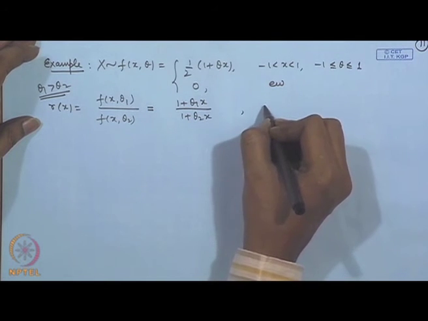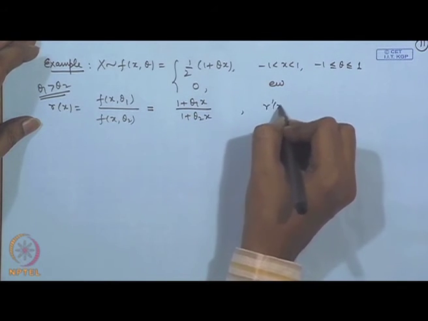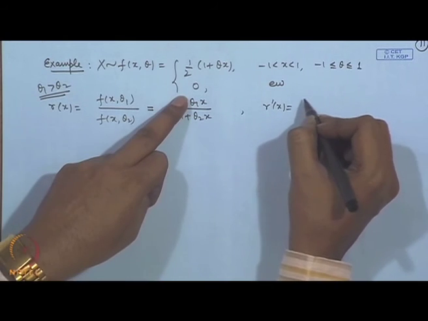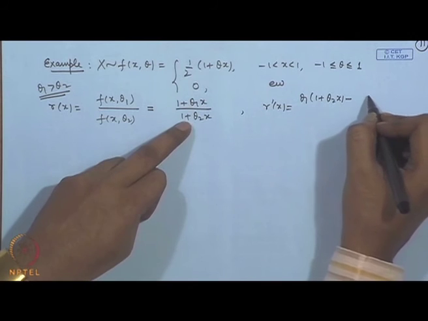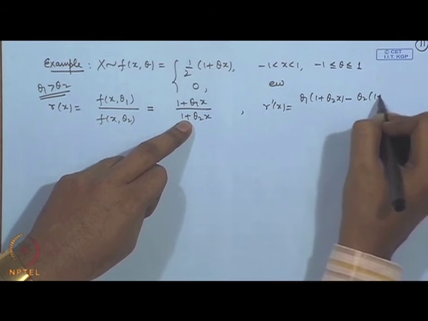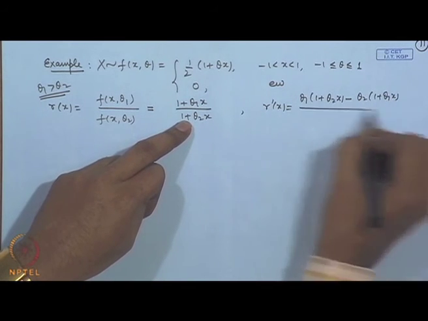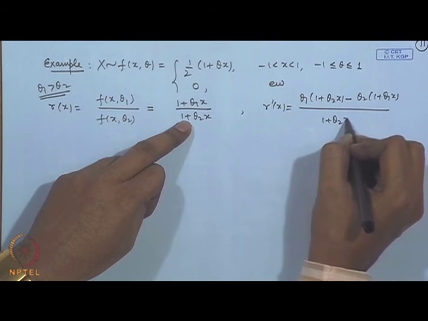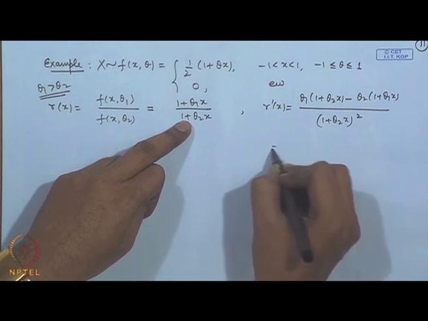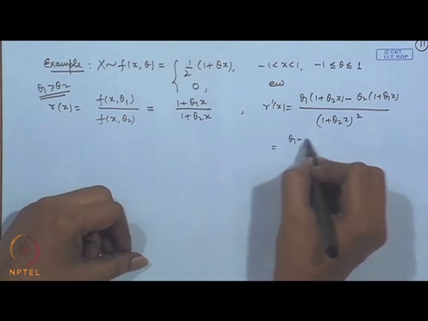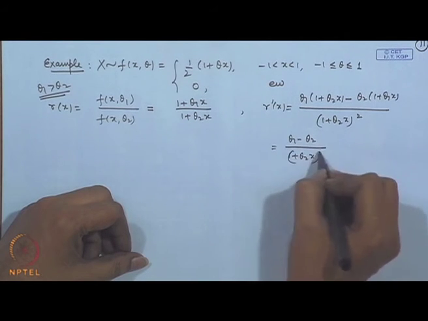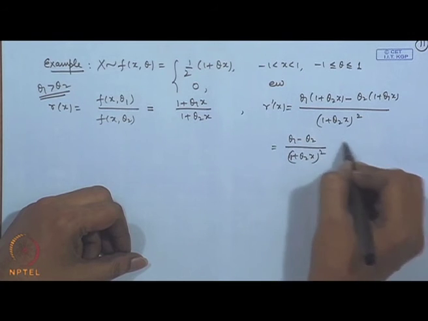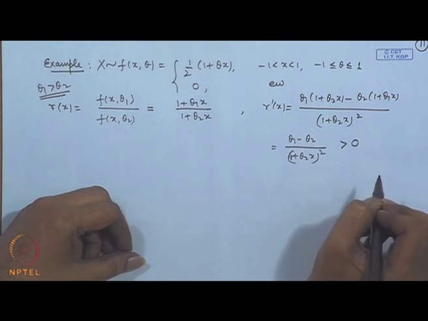Let us look at, for example, the derivative of this. The derivative will give you theta 1 into 1 plus theta 2 x minus theta 2 into 1 plus theta 1 x, divided by 1 plus theta 2 x whole square. So, this is equal to theta 1 minus theta 2 divided by 1 plus theta 2 x square, and since theta 1 is greater than theta 2, this is positive.